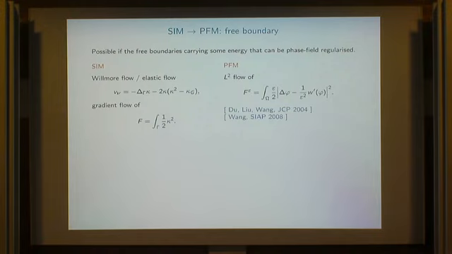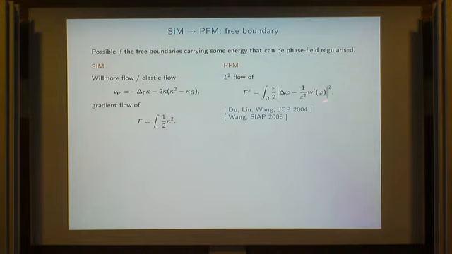Alex Rätz, this and Matthias Röger have done some in-depth investigations of the L2 gradient flow of this energy. We need something that guarantees that you evolve phases in the long term, that these phases of plus and minus 1 occur. But if you have that, then this can work. You can approximate the Willmore flow or something like that.